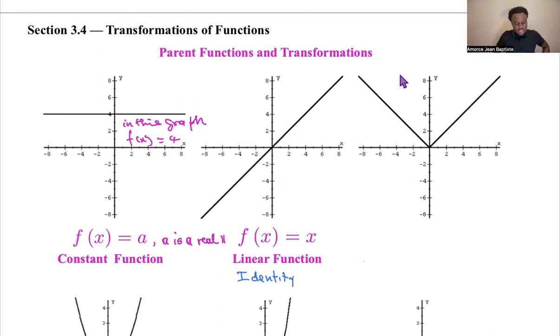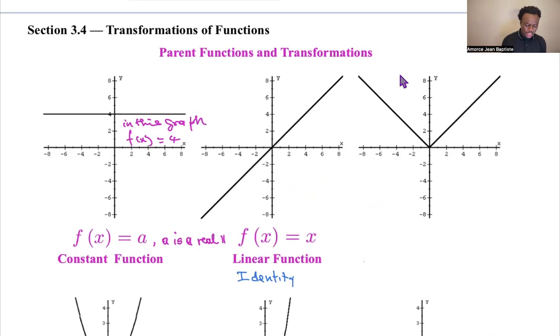Linear functions, we saw in section 3 in slope-intercept form: f of x would be mx plus b. That's after transformation. The linear function is the actual f of x equals x. That's the basic function for the linear function, which is the identity.